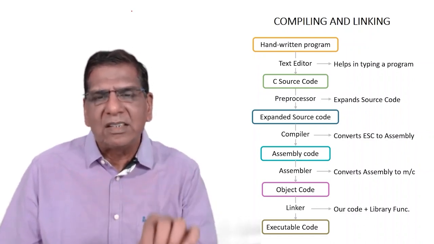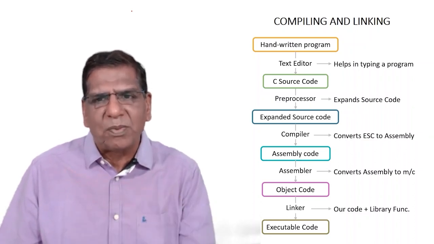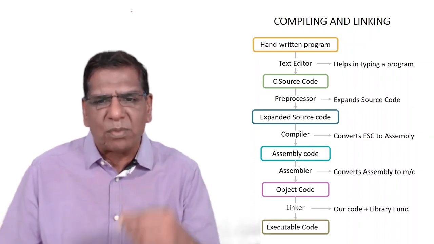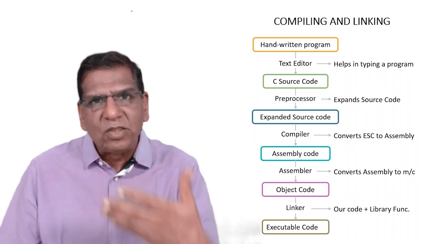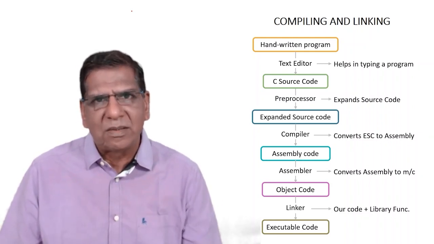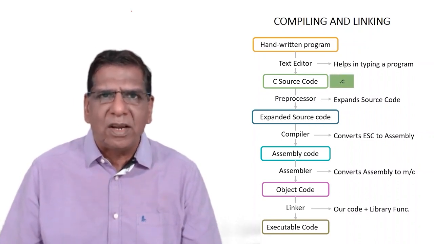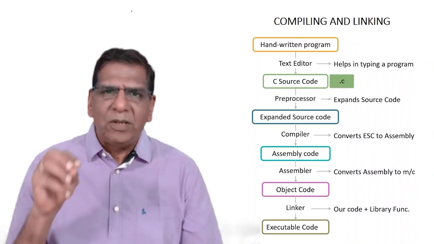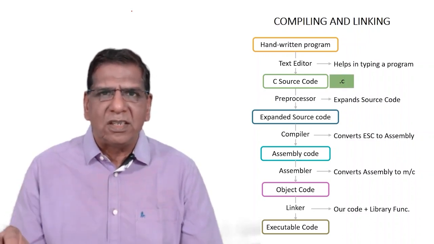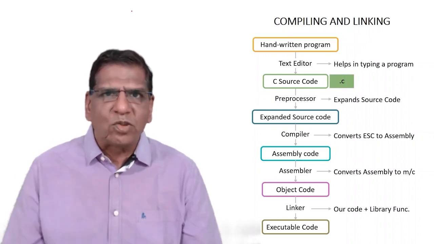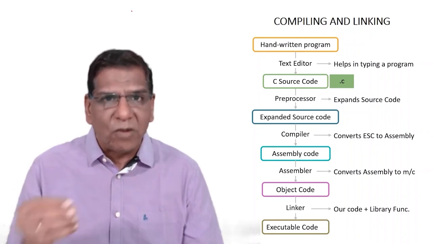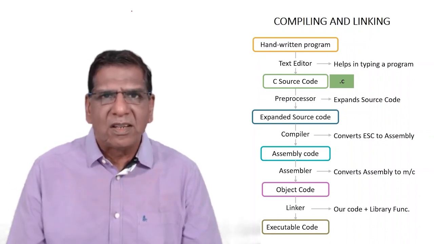When I say that C source code is created, or expanded source code, or assembly code, or object code, or executable code, these codes are what? These codes are files present on your disk. For example, C source code you usually store in a .c file. Maybe your file name is pr1.c. When the expanded source code is created by the preprocessor, it will also have to be stored in a file.